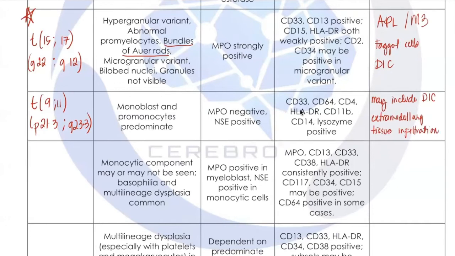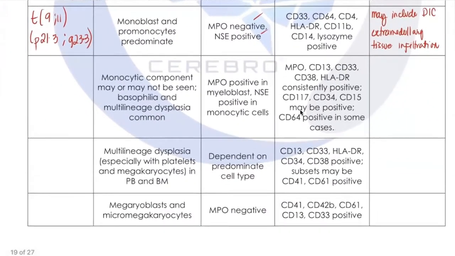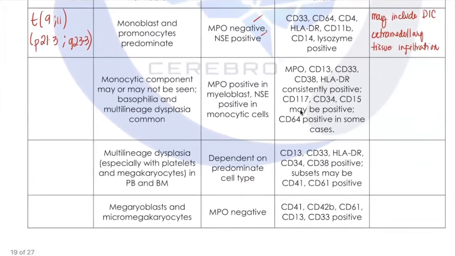Okay? So, take note that this type of AML is MPO negative and non-specific esterase positive. Okay? Next, we have the translocation from chromosome 6 to chromosome 9.